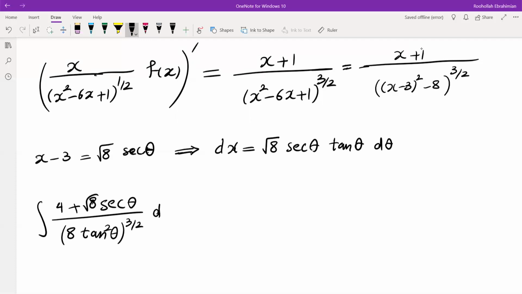And then dx becomes root 8 secant of theta tan of theta d theta.